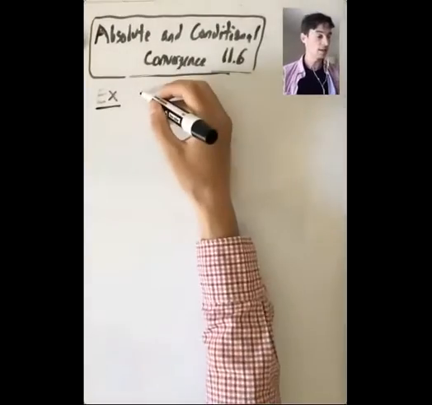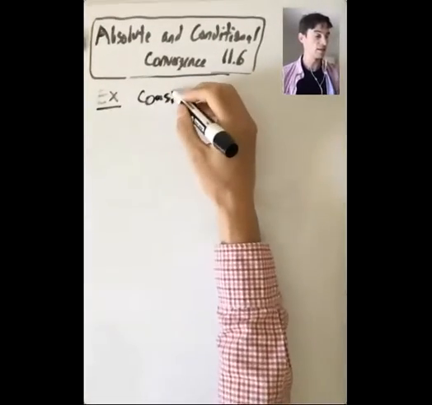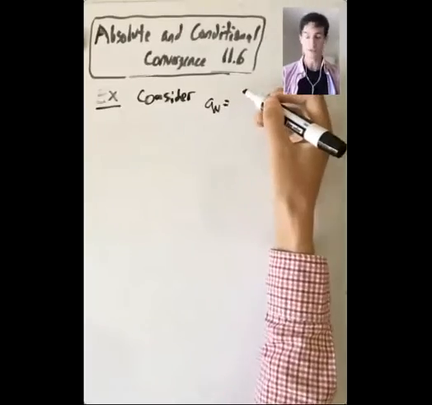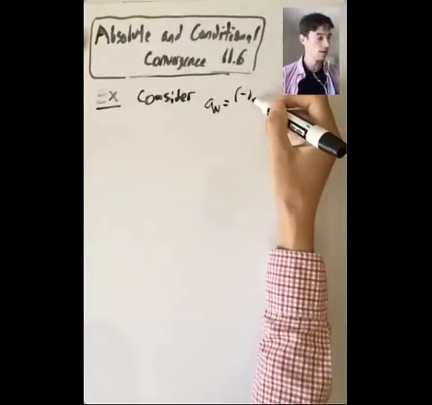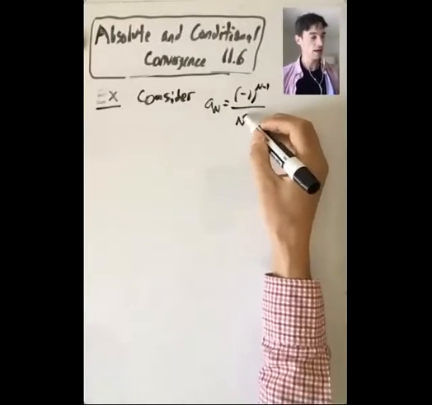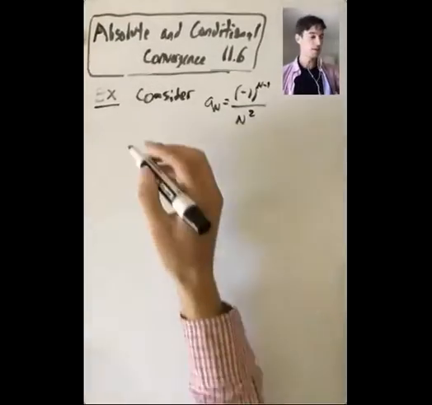So let's consider the sequence given by a_n equals (-1)^(n-1) over n squared. So what does this look like?